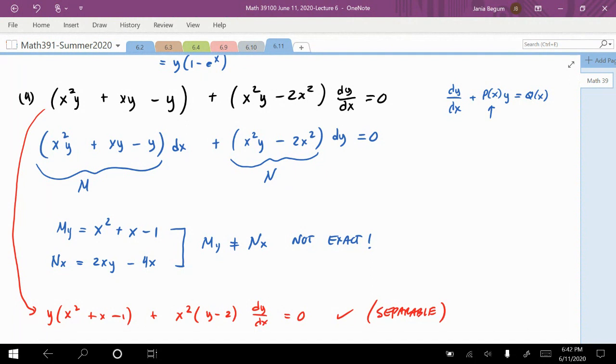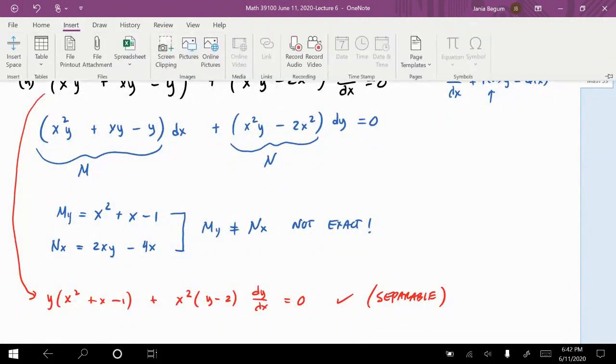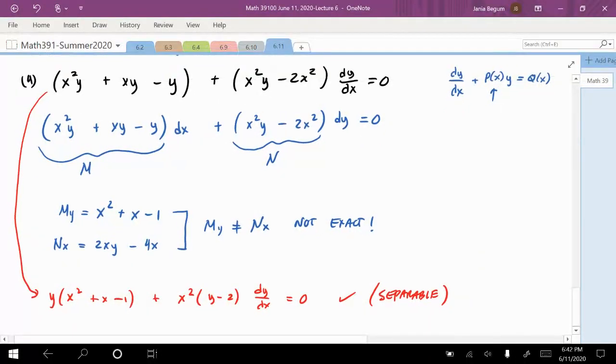But every time an equation is written this way, I would try exact first quickly because it's easy to check. You're taking partial derivatives. Once it fails, then just run through the list: is it separation of variables, or is it homogeneous, one of those. All right, let me give you one more and then we'll start reduction of order.